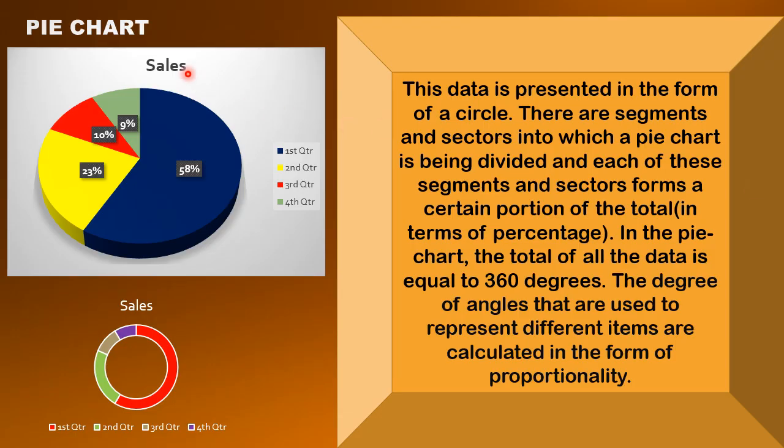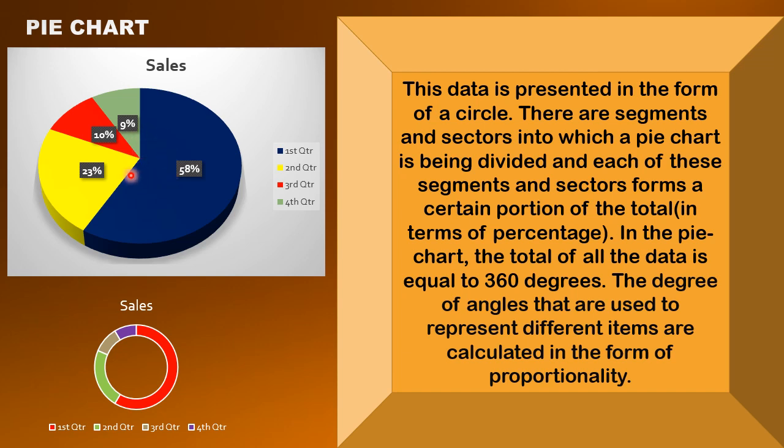If we move on to the pie chart, the data is presented in the form of a circle. There are segments and sectors into which a pie chart is divided, and each of the segments and sectors forms a certain portion of the total in terms of percentage.